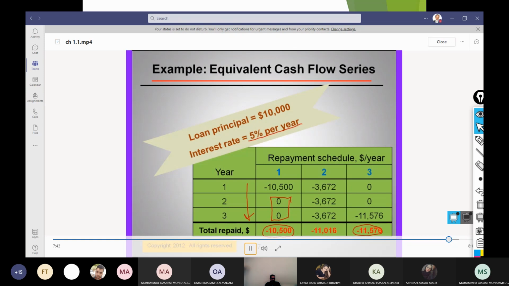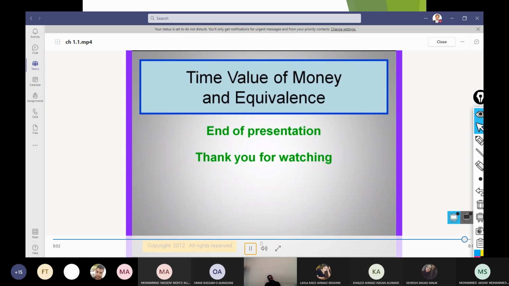Plan 3 allows the borrower to pay nothing for the first 2 years and pay everything at the end of the third year. This Plan 3 is accumulating interest at 5% per year during these first 2 years of non-payment, therefore increasing the outstanding balance that is due in year 3. This is the end of the presentation. We have learned concepts here that will be used numerous times.